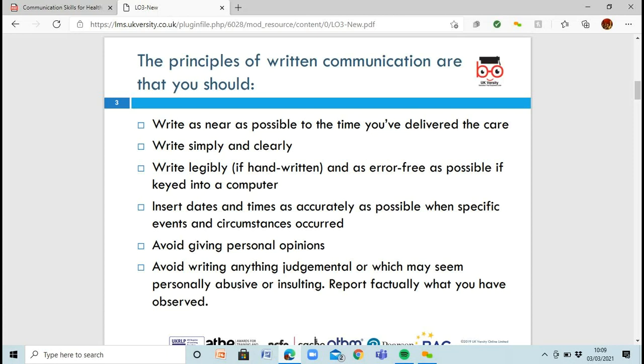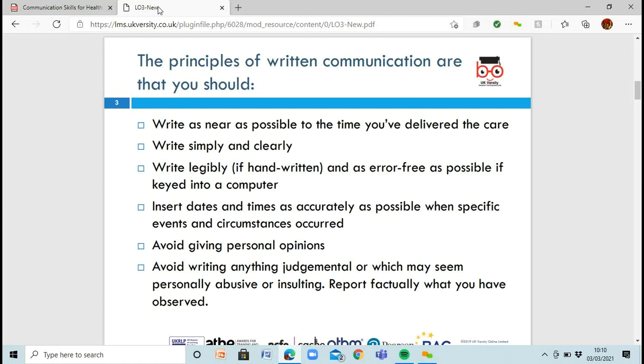Don't put any personal opinions in. The patient might have been difficult with you, or they might have refused to have something done. So don't write down that the patient was being extremely difficult because they're just being silly today, or that I think they're grumpy today because they've not had enough breakfast. You can just write down that the patient was being difficult or that the patient was refusing medication.